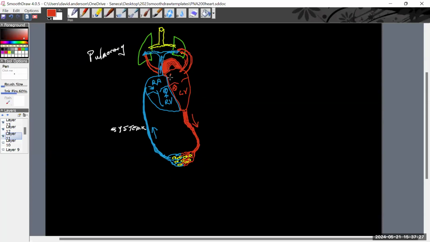But in this case, it's coming back from the two sides and then enters the ventricle to then begin a new circulation. So in our pulmonary circulation, we came up, we went right, we went left, we came back, we came back. That's our pulmonary circulation. Do you see that okay?